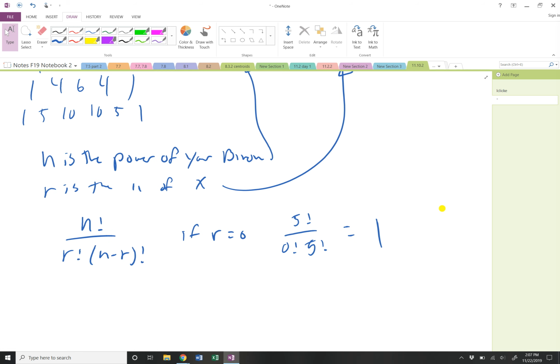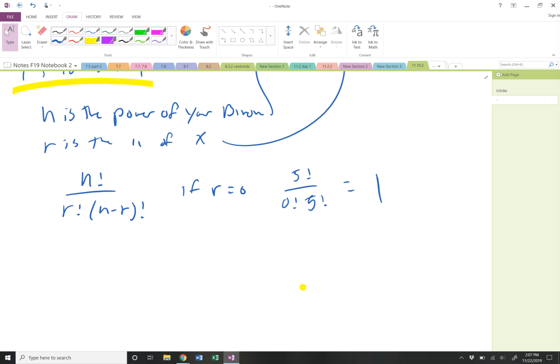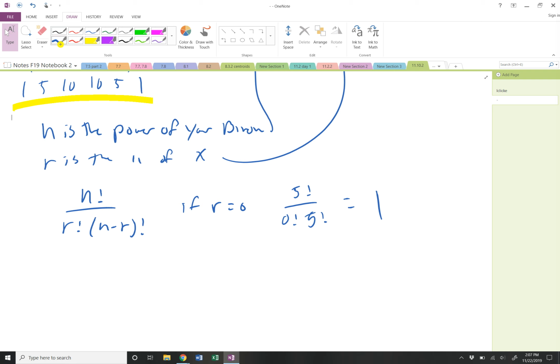But let's start looking at this line right here, that fifth line, and let's simplify this formula a little bit. In the first one, you just end up with 5 factorial divided by 5 factorial. The second term, you get 5 over 1. The third term, you get 5 times 4 over 1 times 2.